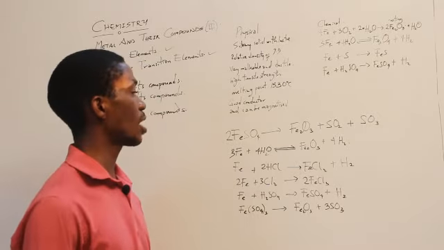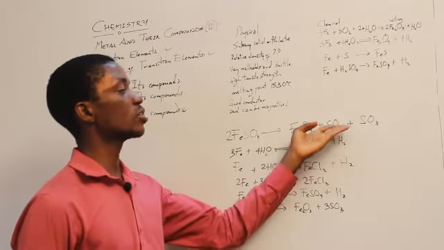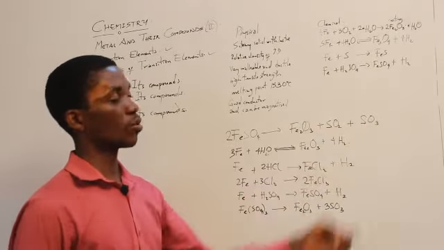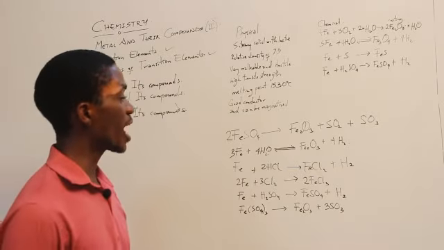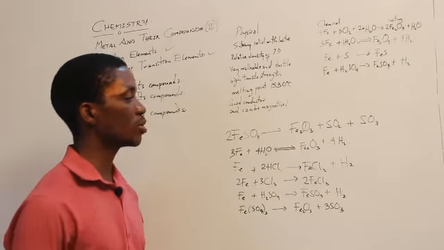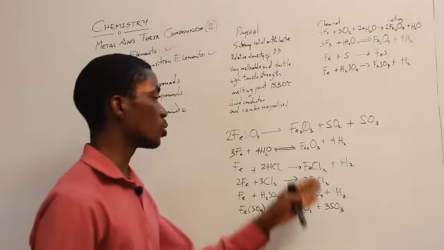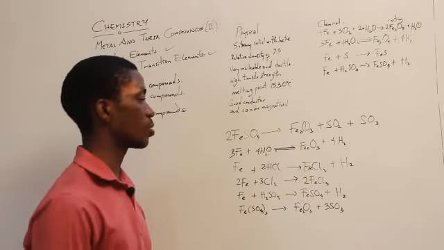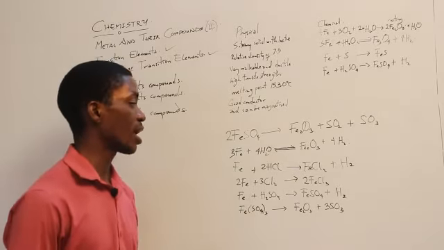When you decompose it by heating, you produce iron(III) oxide, sulfur(IV) oxide, and sulfur(VI) oxide. Also, when you react iron directly with water, it liberates hydrogen to produce iron(III) oxide. So iron(III) oxide is the most stable form of iron that we can have around.